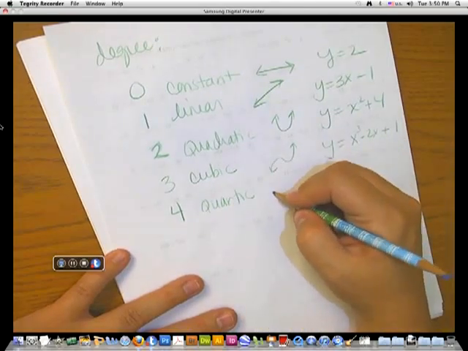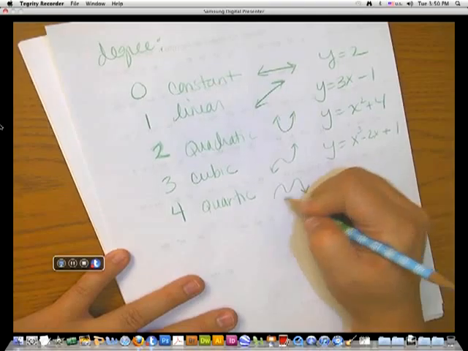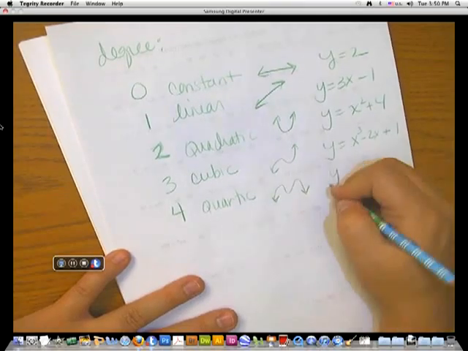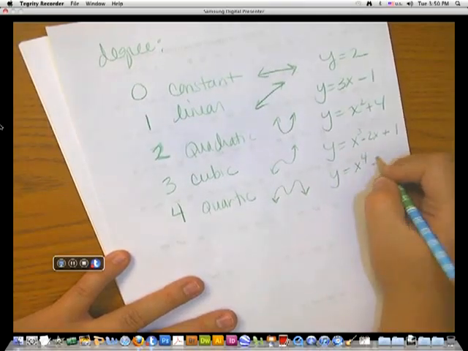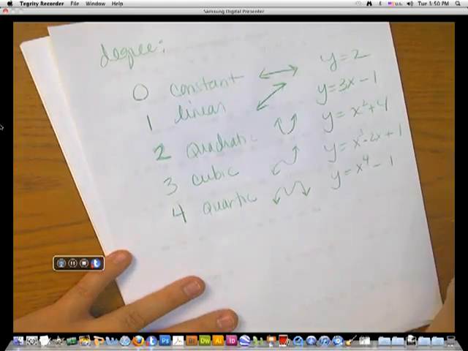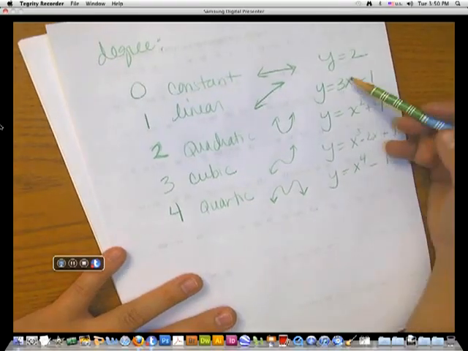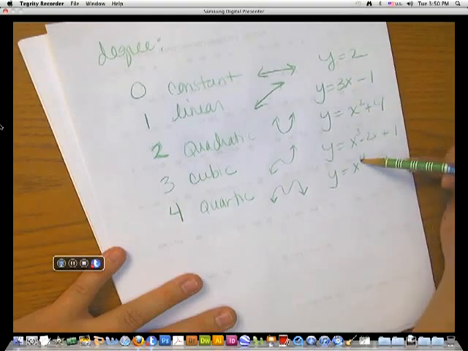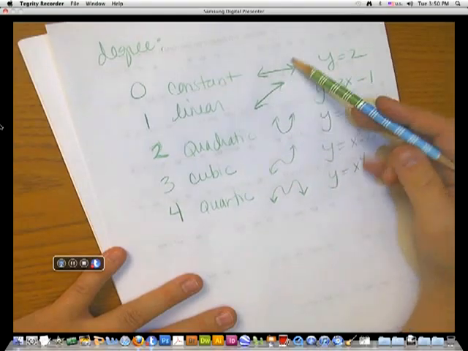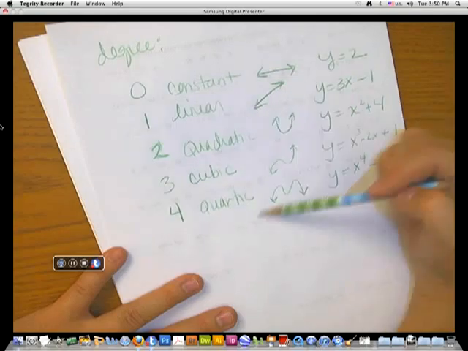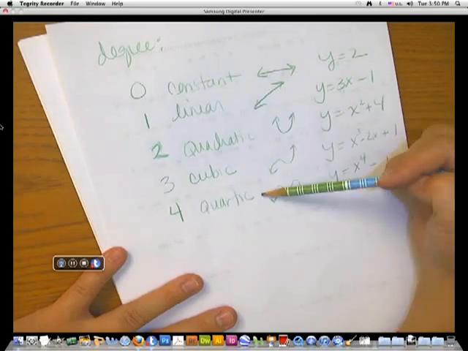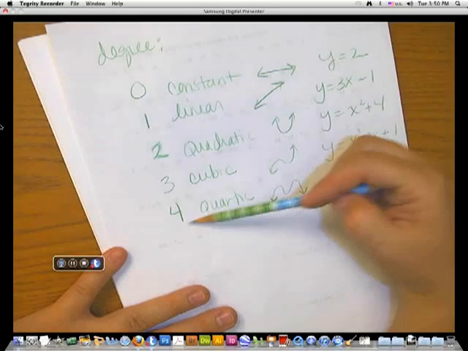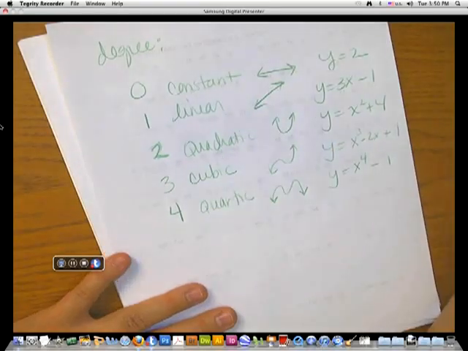So again, it's going to look something like this, where y equals x to the 4th minus 1. All right. So the highest degree is 0, 1, 2, 3, 4. These are what the pictures look like. This is what we call them, and this is their degree.